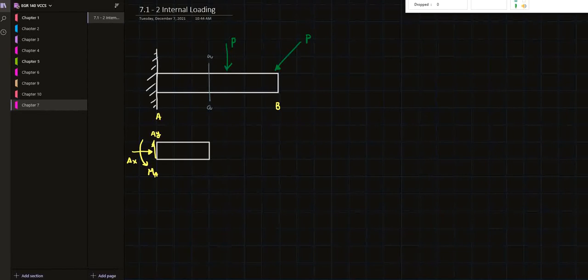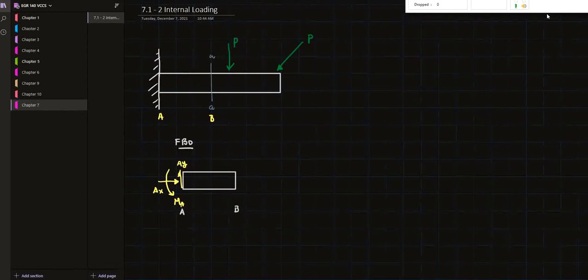Or we can call this B, because we don't need a C really. I moved it down a little to make some room.